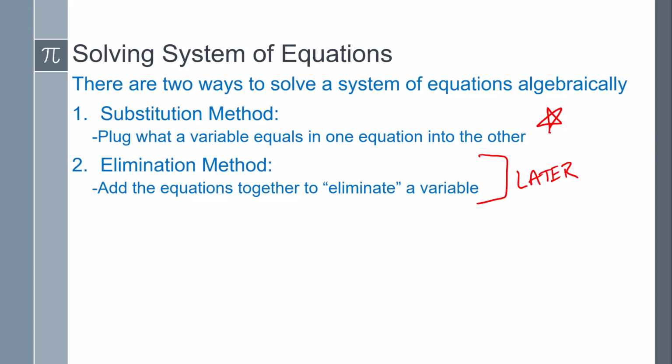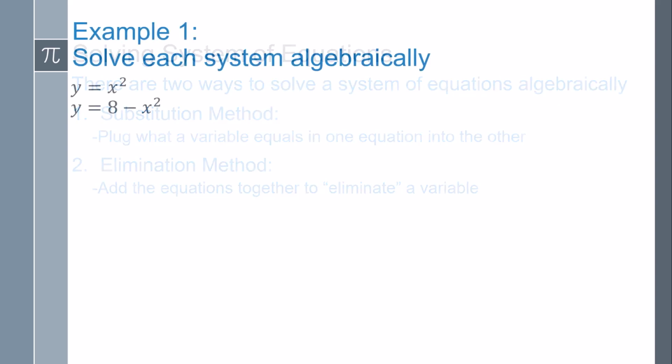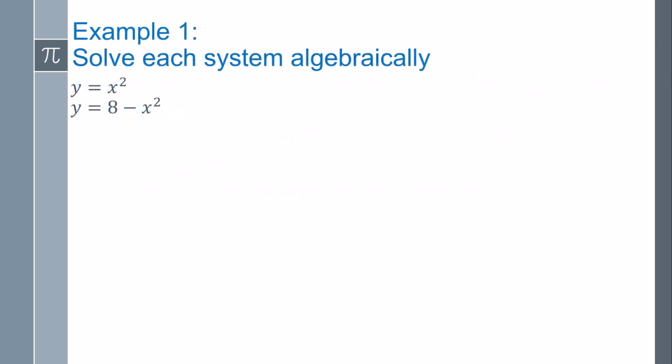Now, the theme that we need to get from the substitution method is that you take what a variable equals and you plug it into the other equation. So let's look at this first example here. I have y equals x squared and y equals 8 minus x squared.